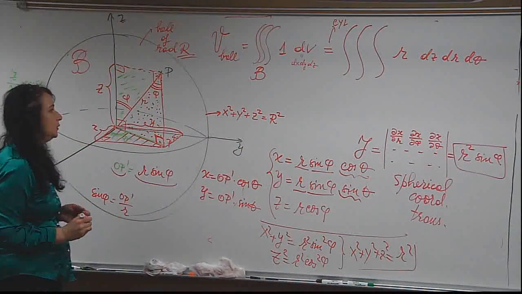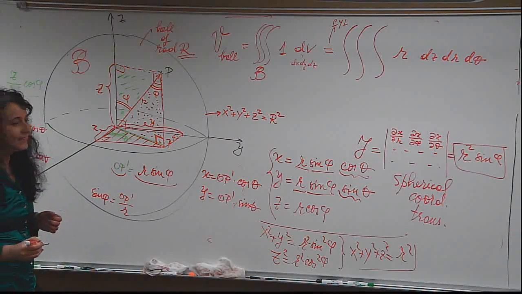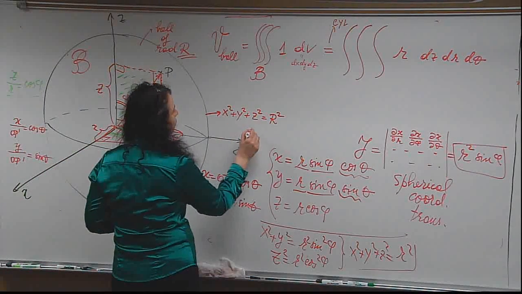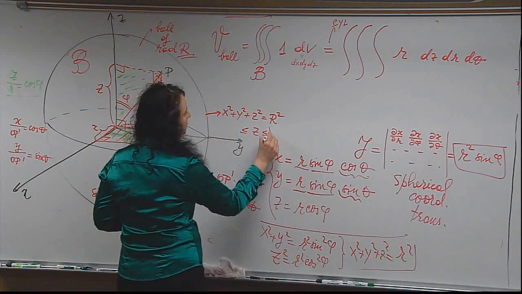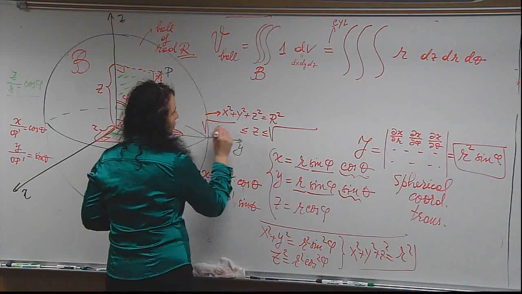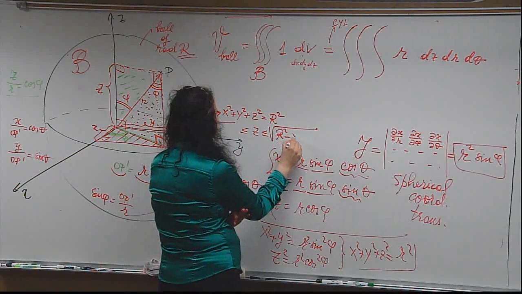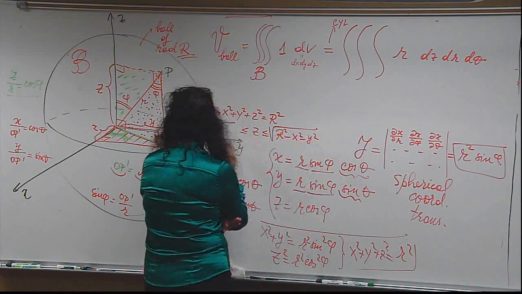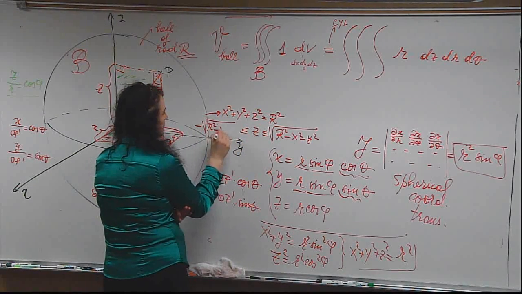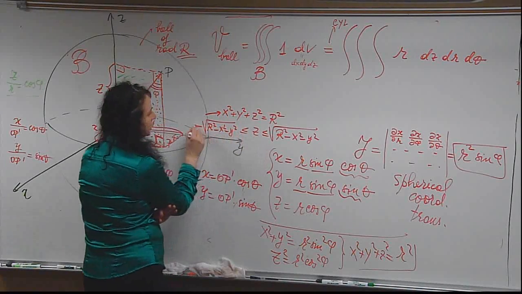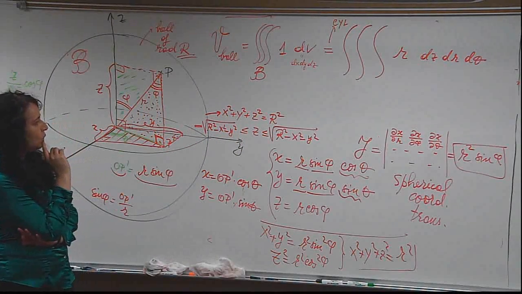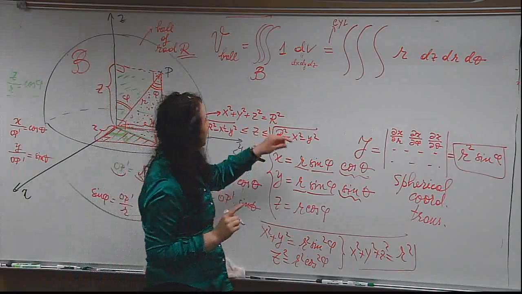Okay. I don't like it, but that's okay. Z will have to go between what and what? Between two nasty square roots and a minus: square root of r squared minus x squared minus y squared, and the same with a minus. Do I like it? No, but at least that's in Cartesian.